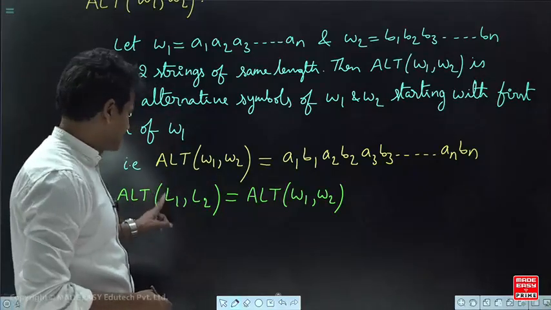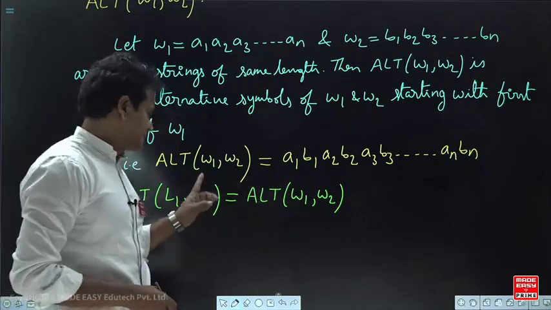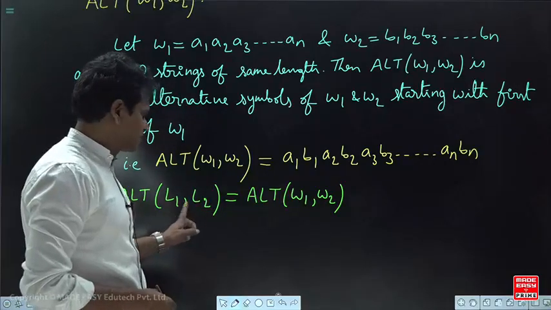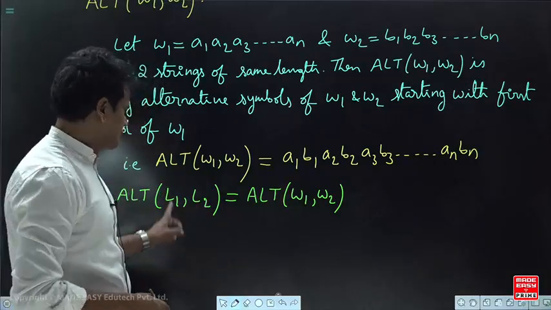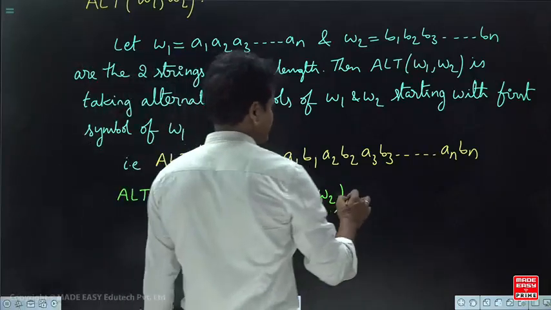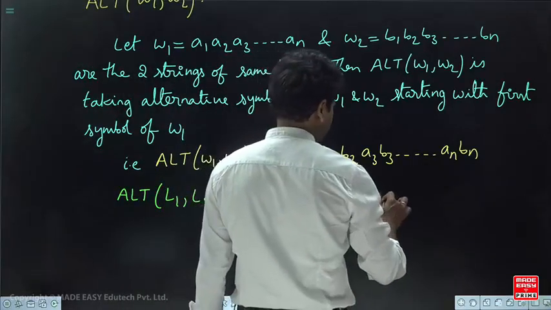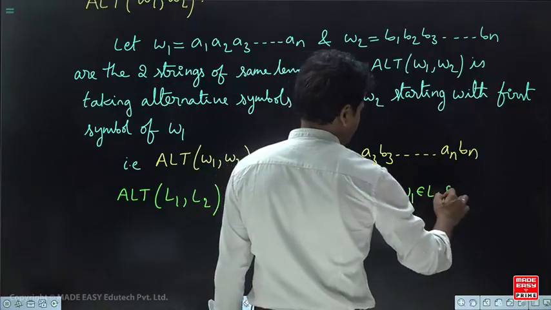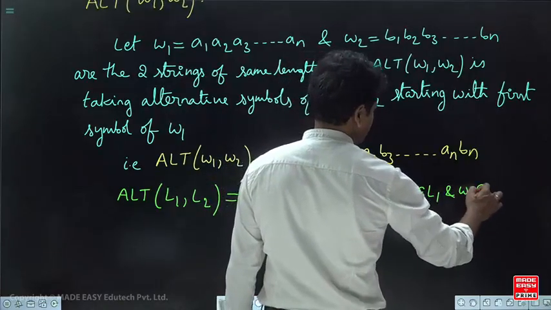Take a string in L1, suppose W1, and take a string in L2, suppose W2. So W1 and W2 length must be same. So alt of L1 comma L2 equal to alt of W1 comma W2, where W1 belongs to L1 and W2 belongs to L2.